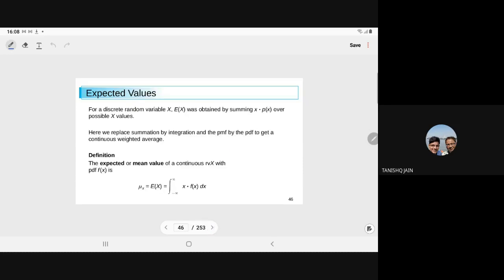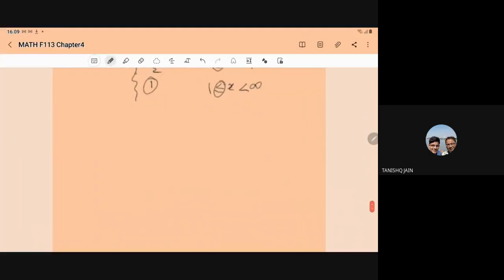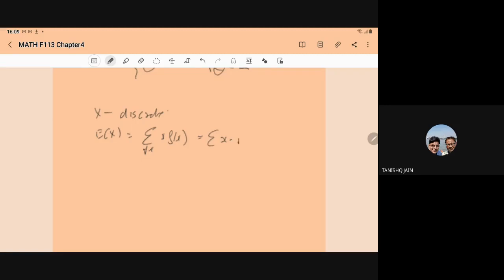If x is a continuous random variable, presently we are doing the continuous random variable, but you have the idea in case of the discrete random variable: if x is discrete, then E(X) is the summation for all x of x into f(x), means it is the summation of x into PMF for all x.